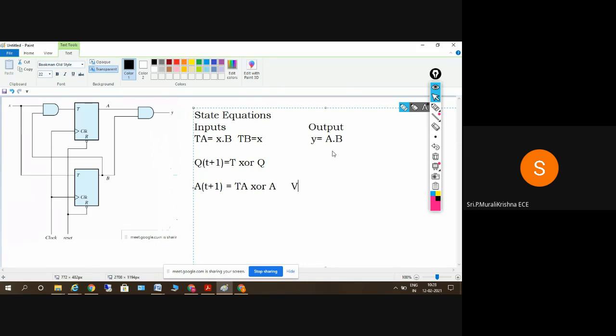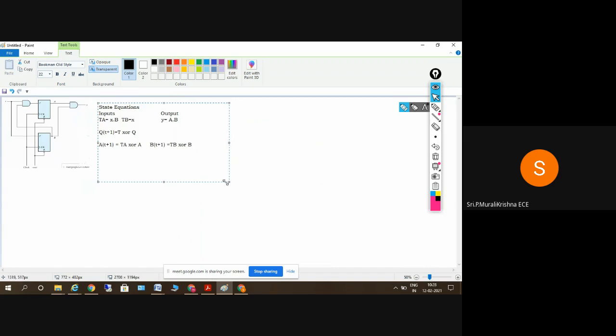And b of t plus 1 is TB XOR of b. Now what we have to do here is find the state table.